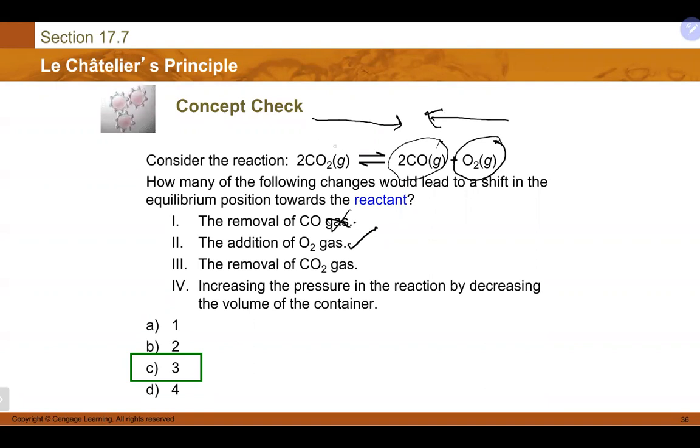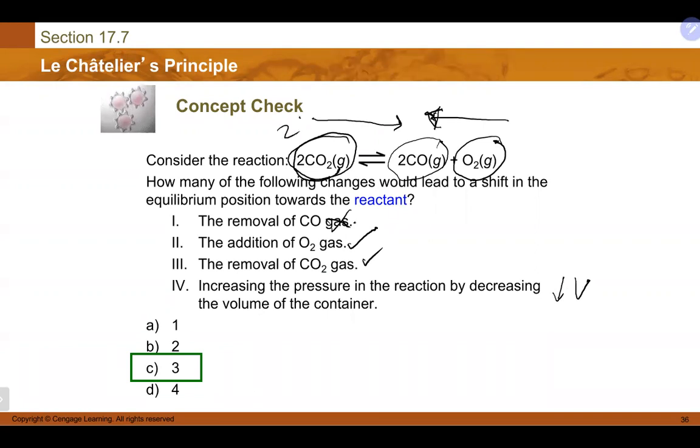If we remove CO2, once again it's like making a hole there on the left-hand side, and to fill it the reverse reaction will kick off because there's more products. So that one would do it. And if we increase the pressure by decreasing the volume, we have a smaller volume, so we want fewer gas molecules in that smaller volume.